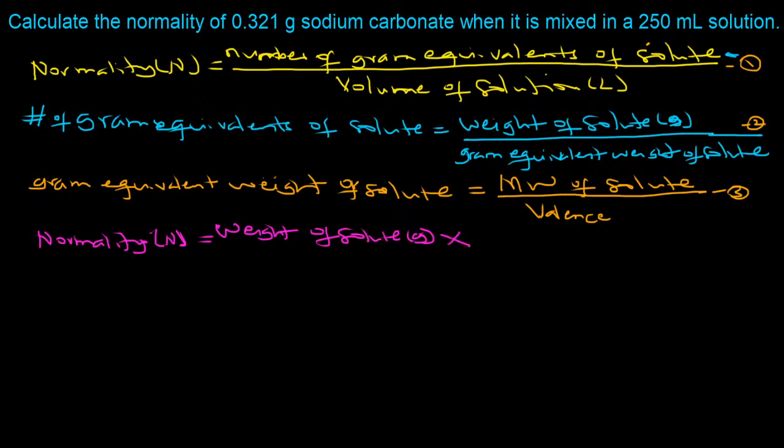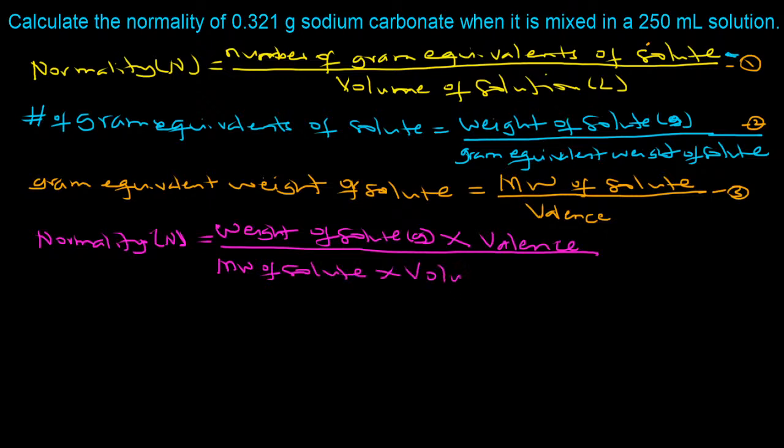And then we multiply this by the valence, all of that divided by the molecular weight, MW, of solute times the volume of solution in liters. So this equation is very powerful, and you can simply substitute all your terms in there and you end up with your normality. So that's going to be at the heart of how we will solve most of the questions.